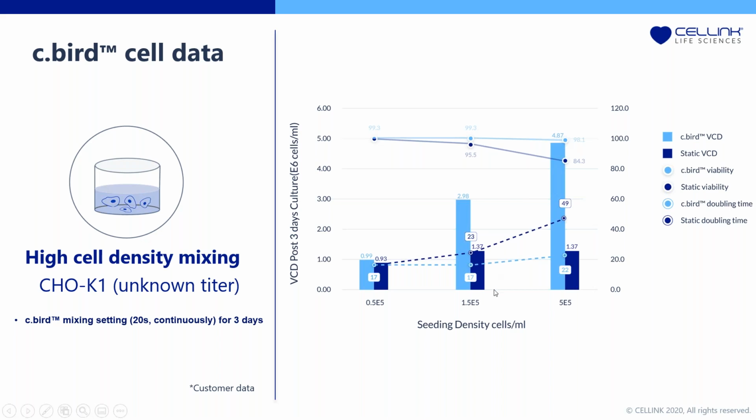However, at a higher cell seeding density, SIBR enables much higher cell growth, up to 5 million cells per milliliter with 98% cell viability. Steady culture only has 1.3 million cells per milliliter with only 84% viability.